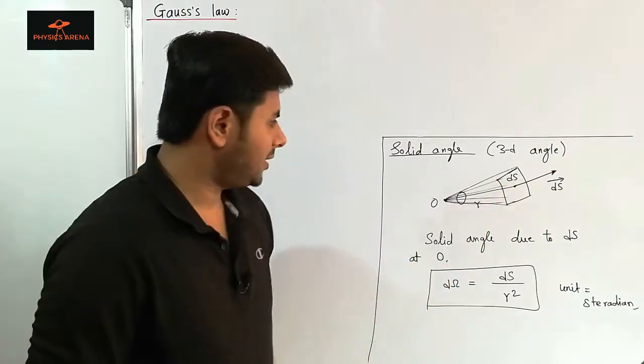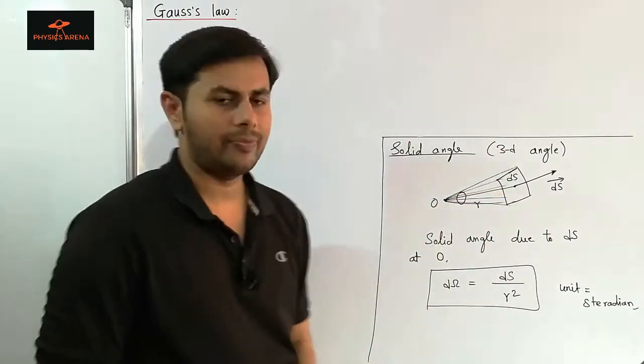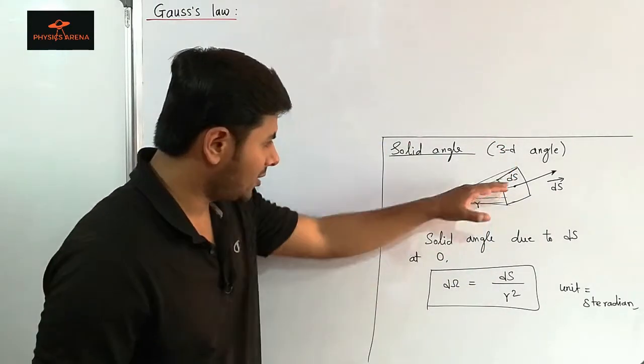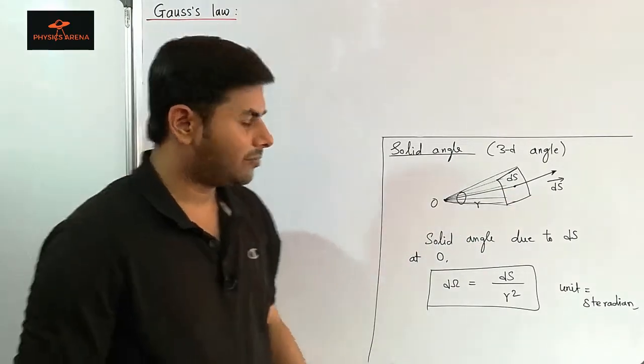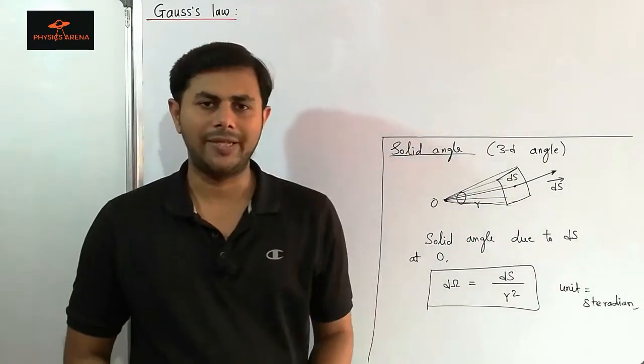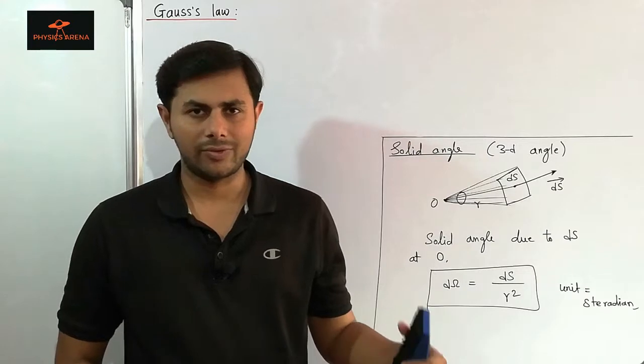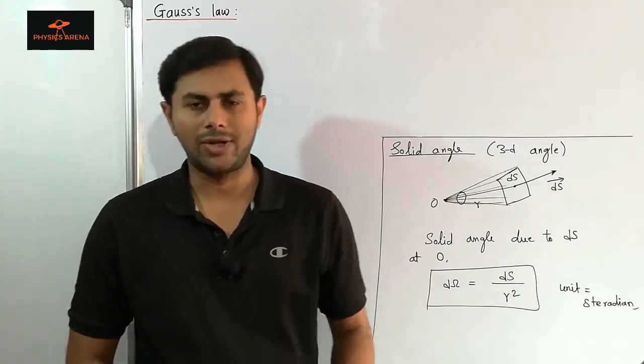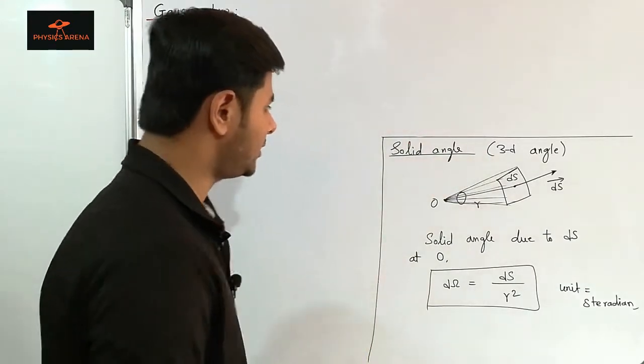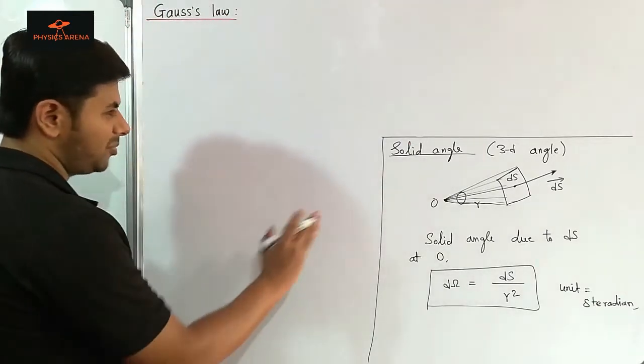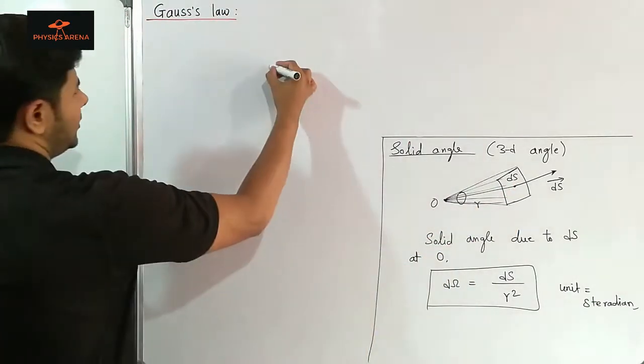Now this surface ds, the plane of this surface is exactly perpendicular to R. What if we have a surface whose plane is not exactly perpendicular to R? How to find the solid angle? So let us consider such a surface. Before that, let me redraw this here.